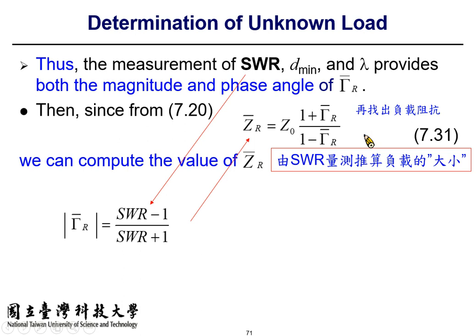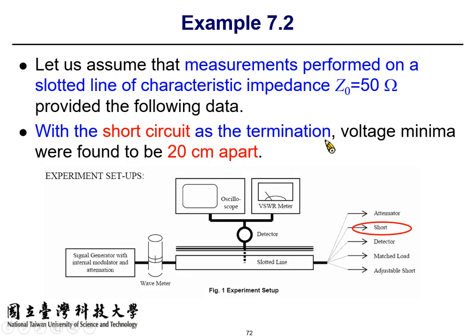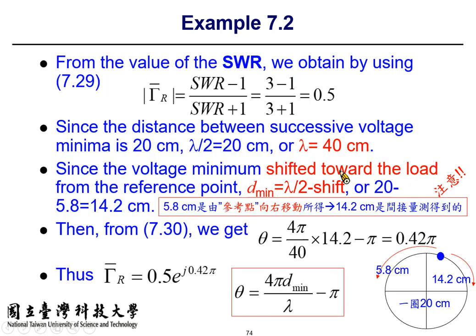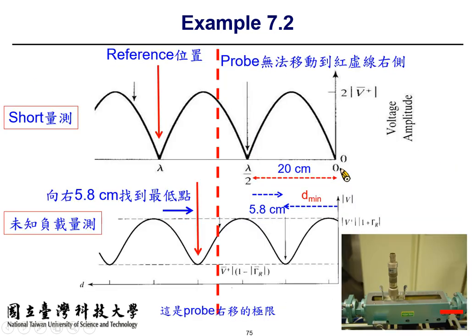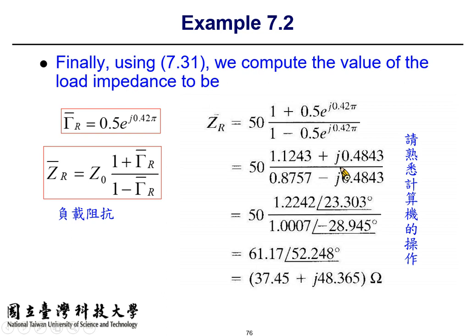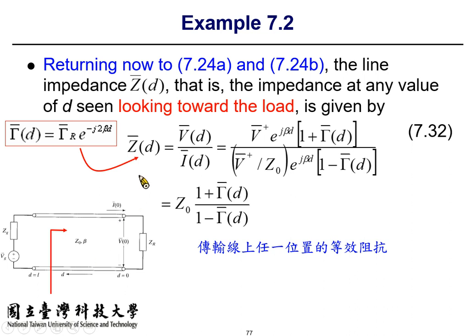And in fact, we are not satisfied with knowing just the termination property, ZR. So ZR is the impedance at the load, and in fact, we are more interested in input impedance at a certain location on the transmission line.